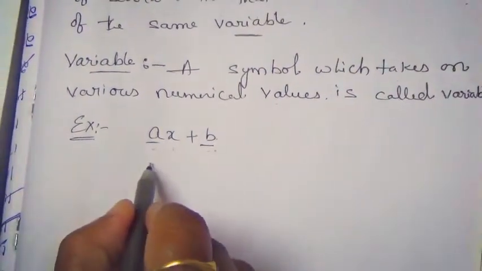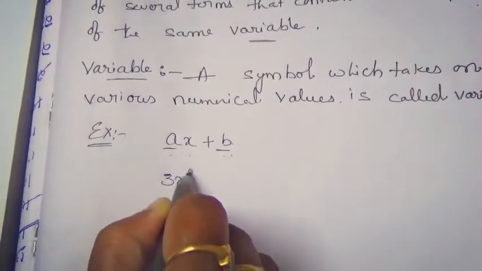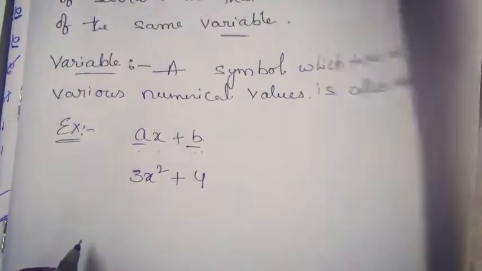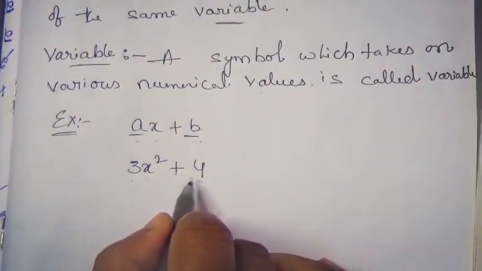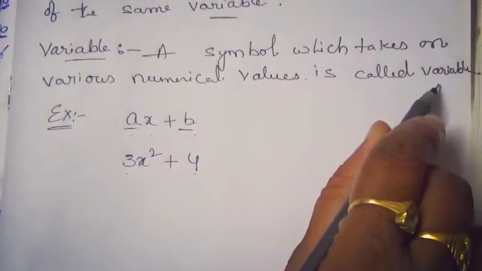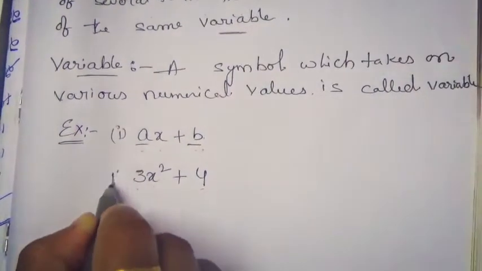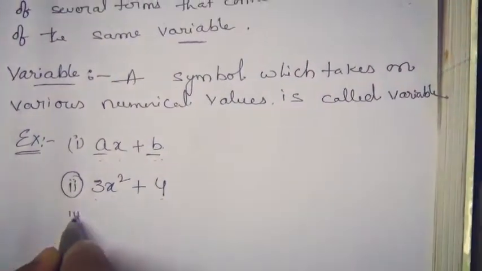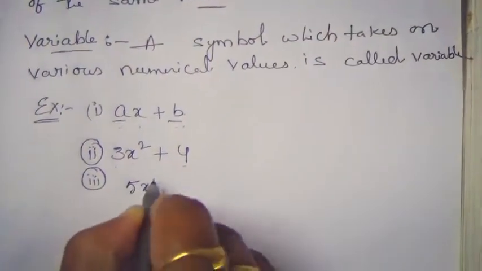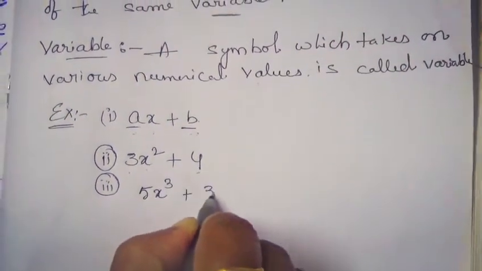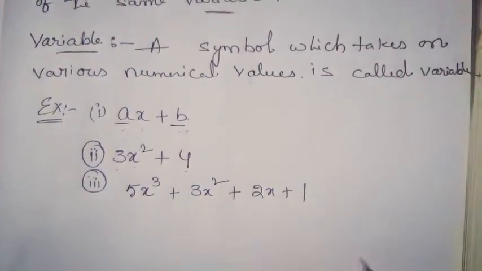Just like I am giving an example, 3x square plus 4. Here 3 and 4 are numerical values and x is a variable. One more example: 5x cube plus 3x square plus 2x plus 1.